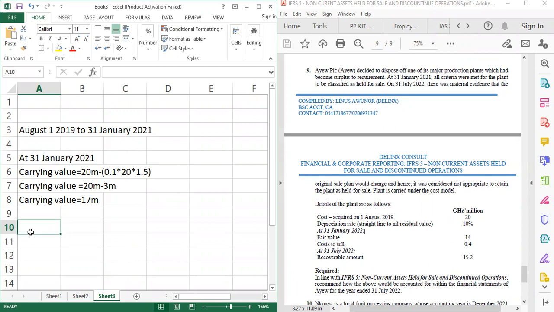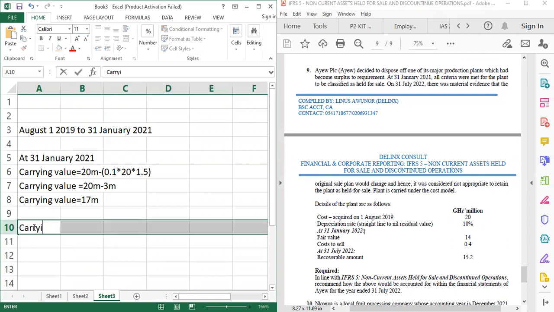But before we come to July 2022, do you have any information that can help us to subsequently measure the assets? Okay. So we have carrying value to be 17 million.